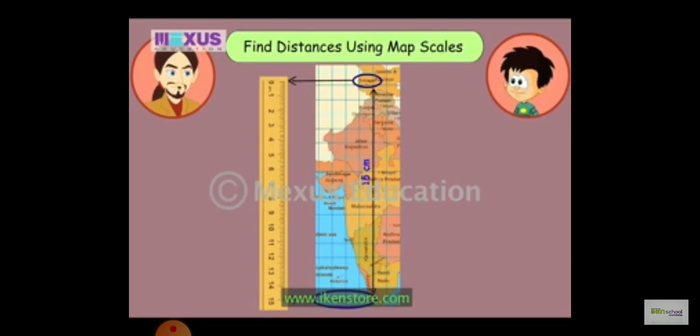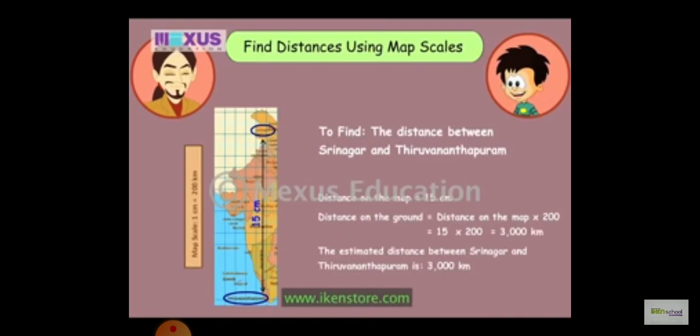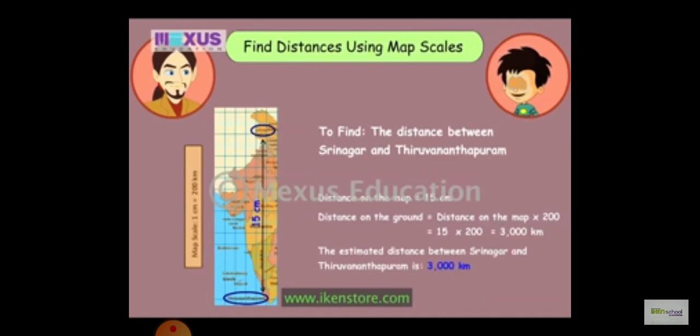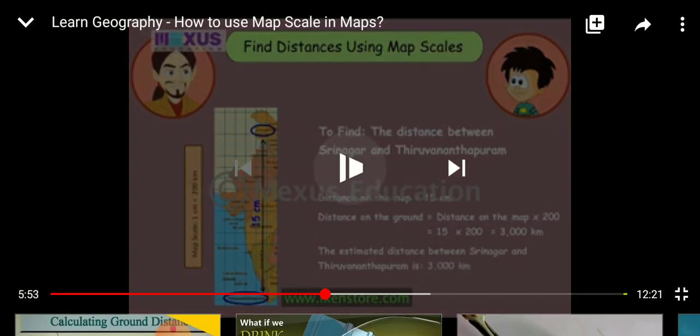Yeah, you are right. Now, the estimated distance between them will be 15 multiplied by 200. That is 3,000 kilometers. Well done.